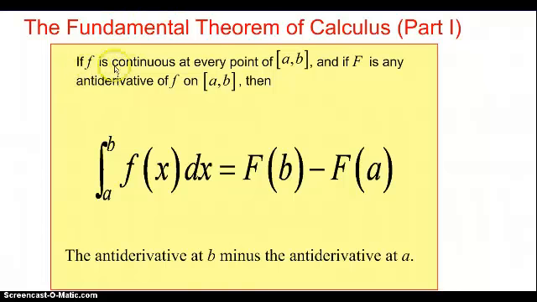So here it is. If f is continuous at every point on a closed interval, and if big F is any antiderivative of little f on that interval, then the area trapped in the plane using infinitely many rectangles, which is what this is telling us to do, starting at your lower limit of integration A and stopping at your upper limit of integration B. So these are your limits of integration, your interval endpoints.